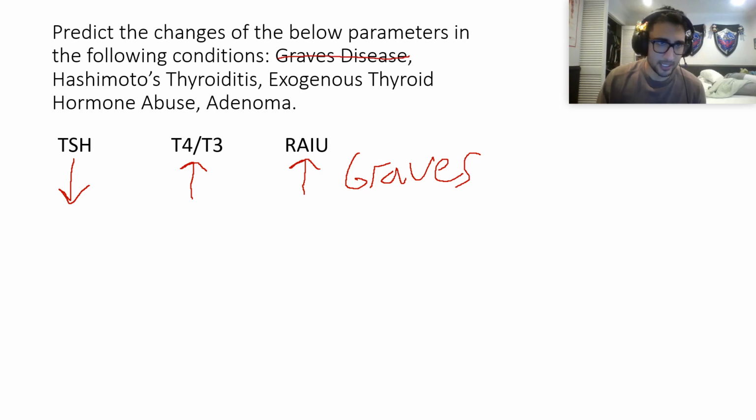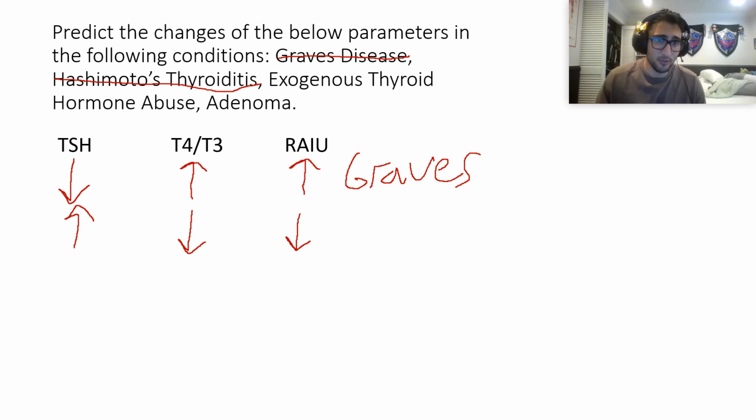All right, now let's look at Hashimoto's thyroiditis. In Hashimoto's thyroiditis, you have autoimmune destruction of the thyroid gland. So your T4 and T3 are going to be decreased, your radioactive iodine uptake is going to be decreased, and your thyroid stimulating hormone is going to be increased.